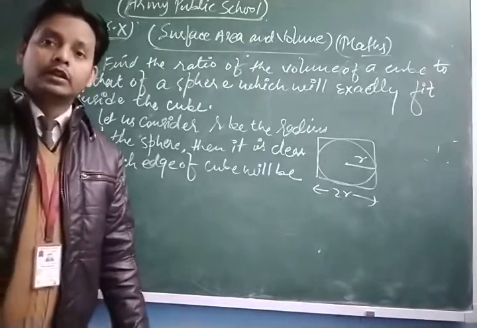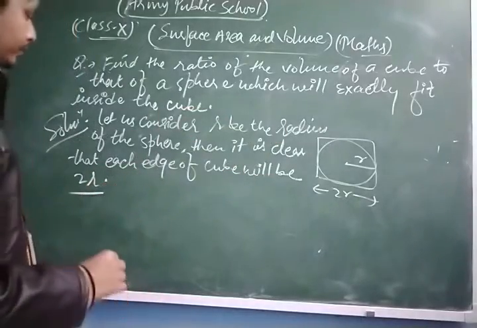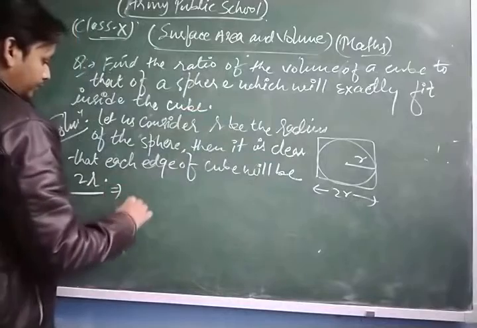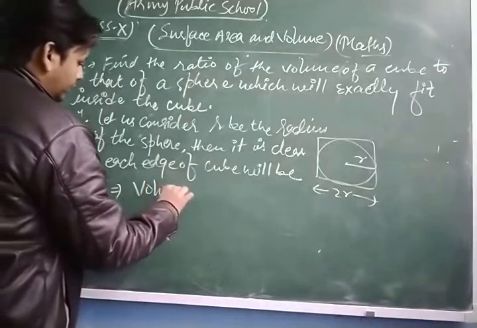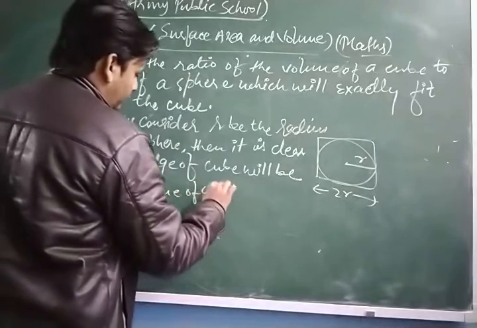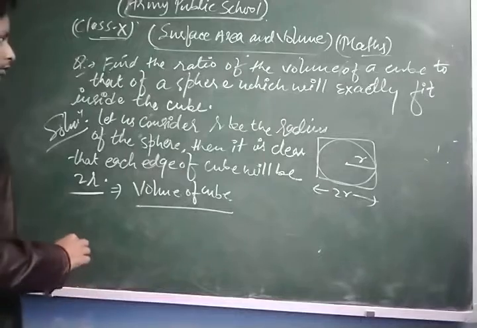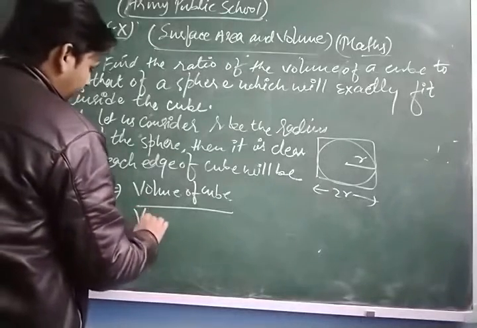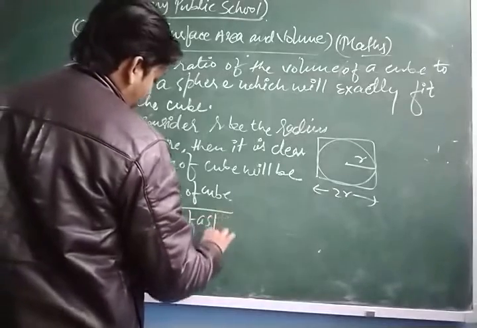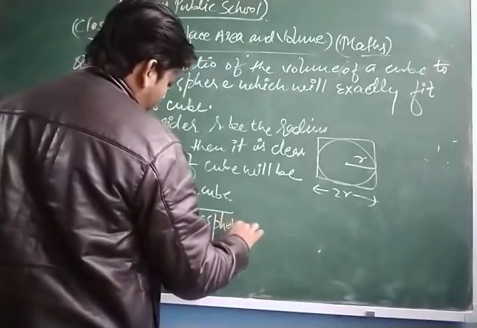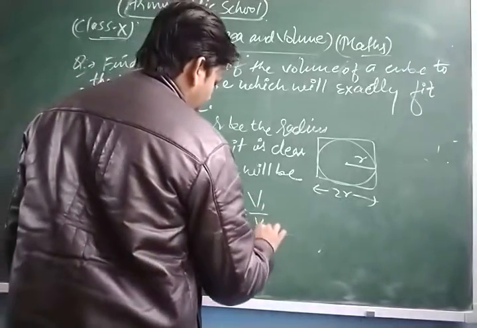Now we just find the required ratio, the volume of cube to the volume of sphere, that is V1 upon V2.